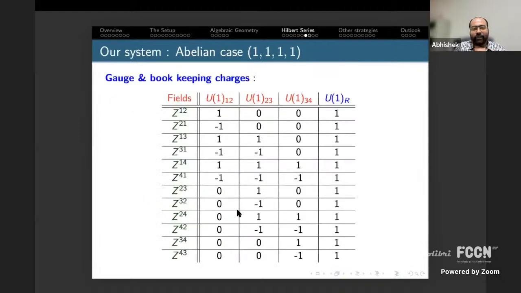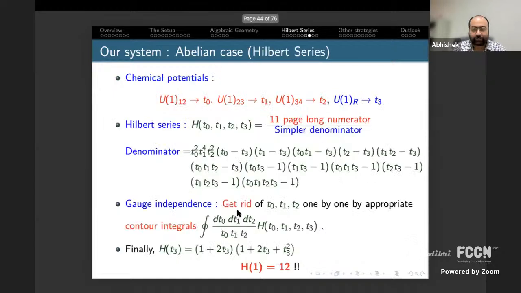So this you can now repeat for the abelian cases. I will not go into the detail as I'm running out of time. You can get various Hilbert series. It is a complicated calculation, with a huge numerator and a relatively simple denominator. Then you have to extract the gauge invariant part. The fugacities for the gauge symmetries are here, T0, T1, and T2.